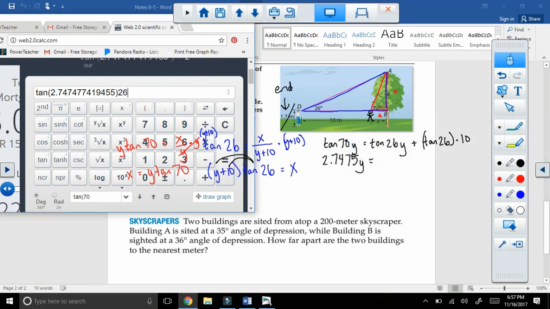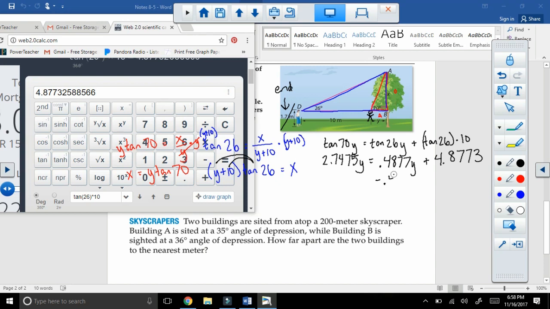The tangent of 26 is about 0.4877 times y. And the last one is the tangent of 26. And I'm going to close the parenthesis there before I multiply by 10, or you can push equals in between. That one there is 4.8773. Remember, I'm trying to solve this for y.